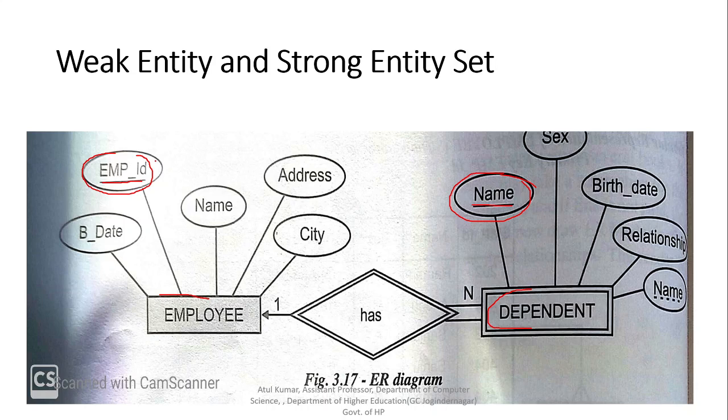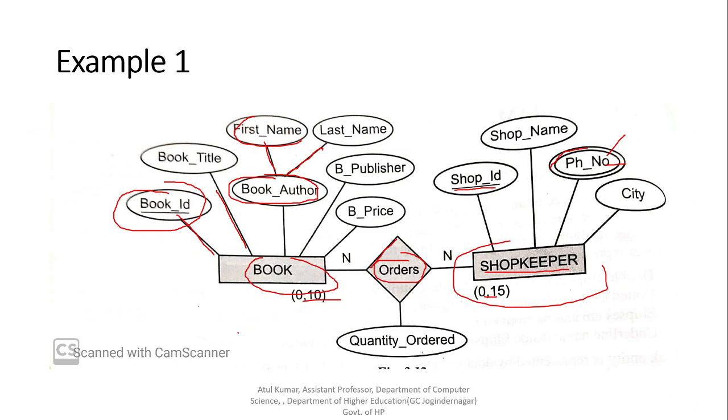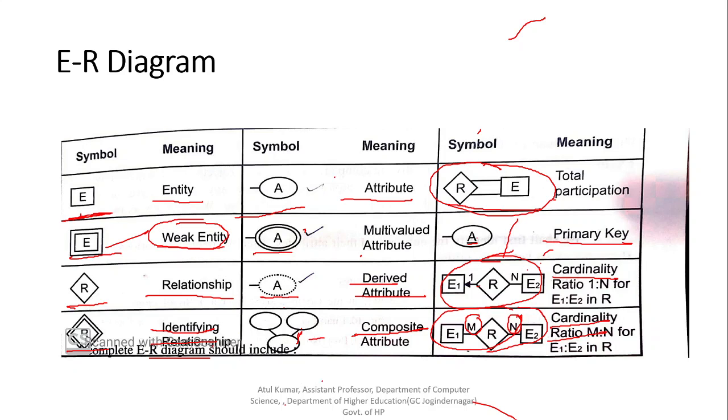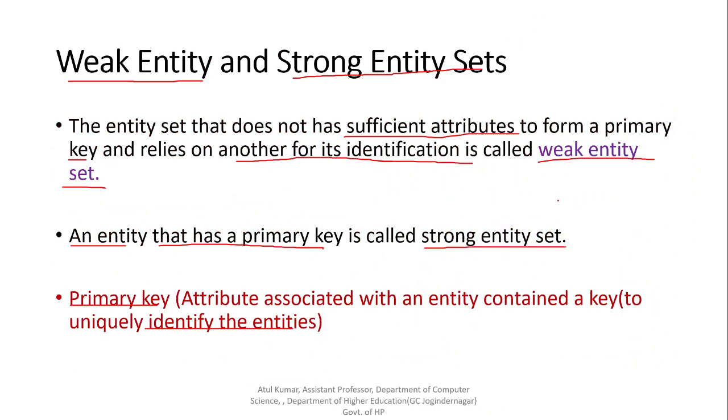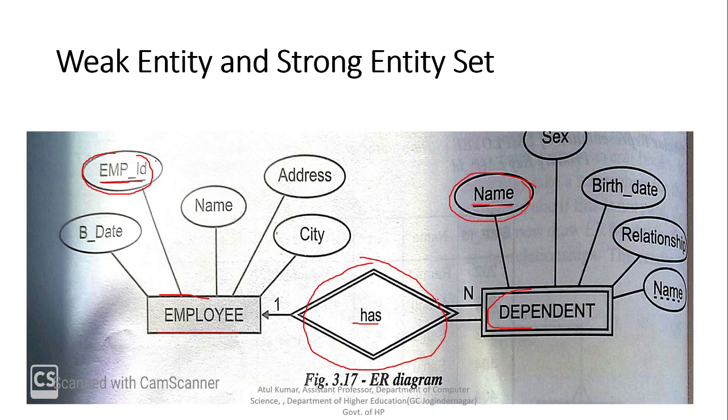And to represent the relationship between dependent and employee, we use a has relationship, and it is also a doubly diamond shaped relationship, as dependent is totally dependent on this employee. I have discussed earlier the different symbols, and among them we have the total relationship. We use a double line to represent the total relationship.